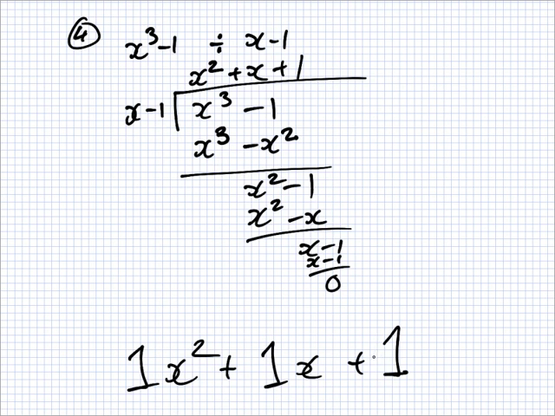You need to be careful in the final exam because they sometimes will say give your answer like so, and your answer needs to match exactly the format that they asked for. If they're asking you to specify the coefficient in front of x squared and x, then that's what you need to do. So for the test we did, if you wrote x squared plus x plus 1, is that wrong?